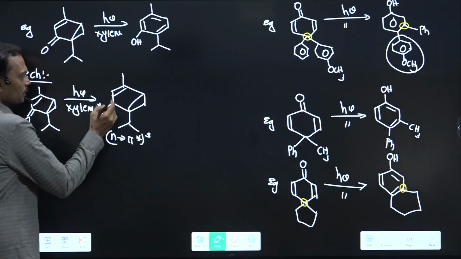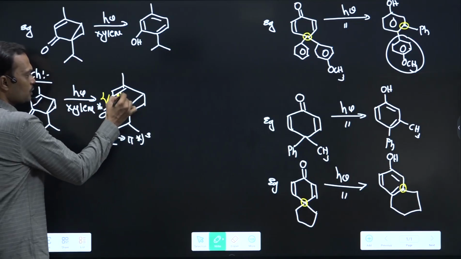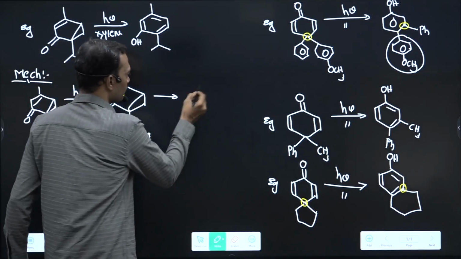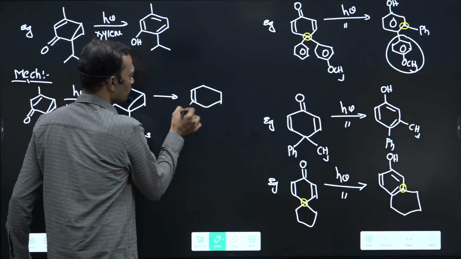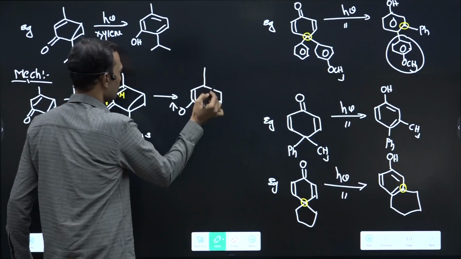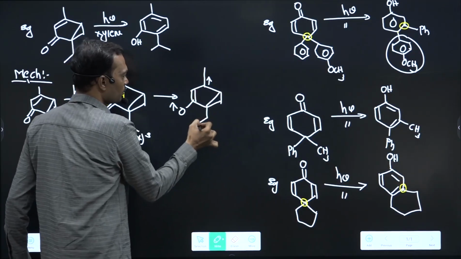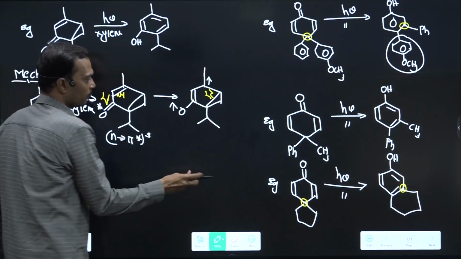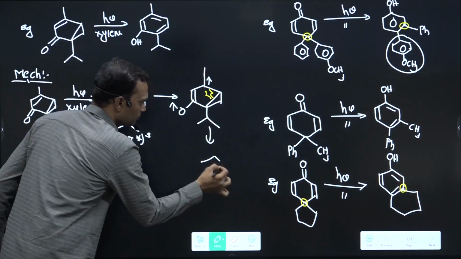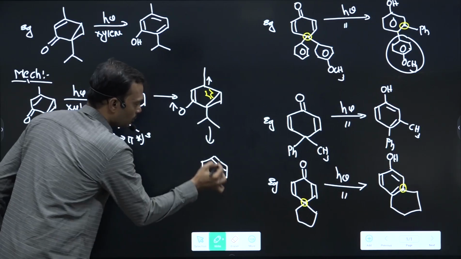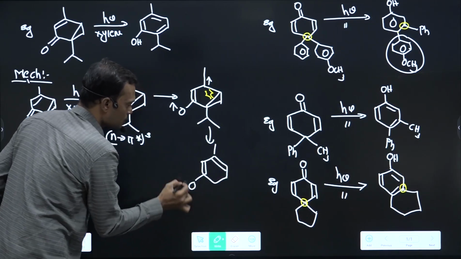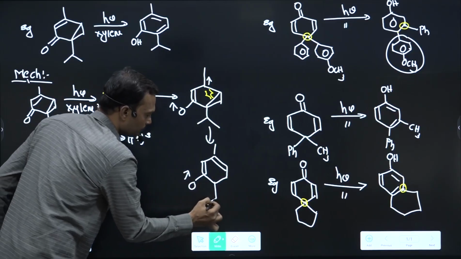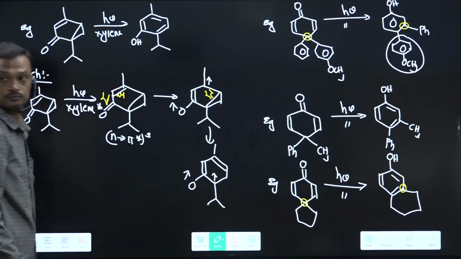Then what happens? See, break this bond, break this bond. Then here you may expect a double bond, and here one electron, and here also one electron, and here a ring will be there. So then this will be broken up. Now here a double bond, and here one more electron, and here one more electron.